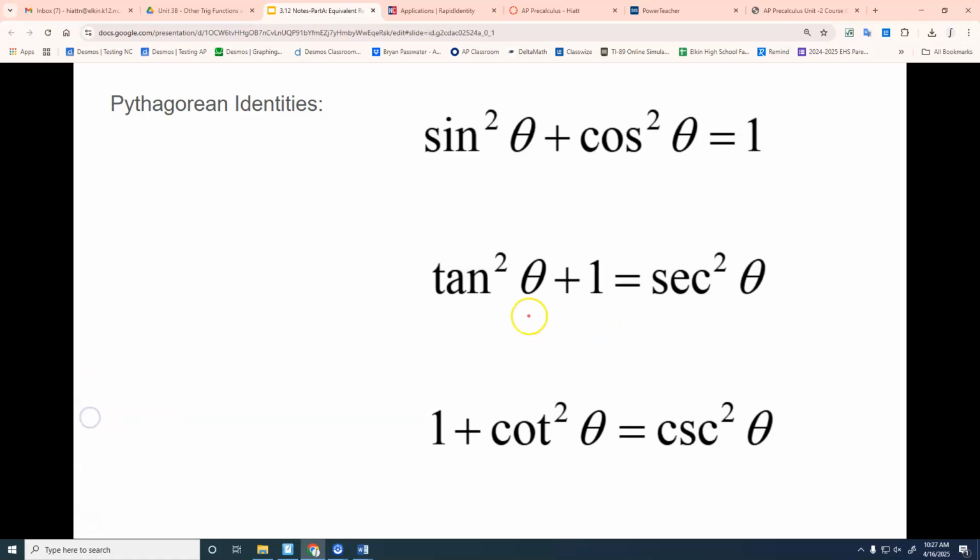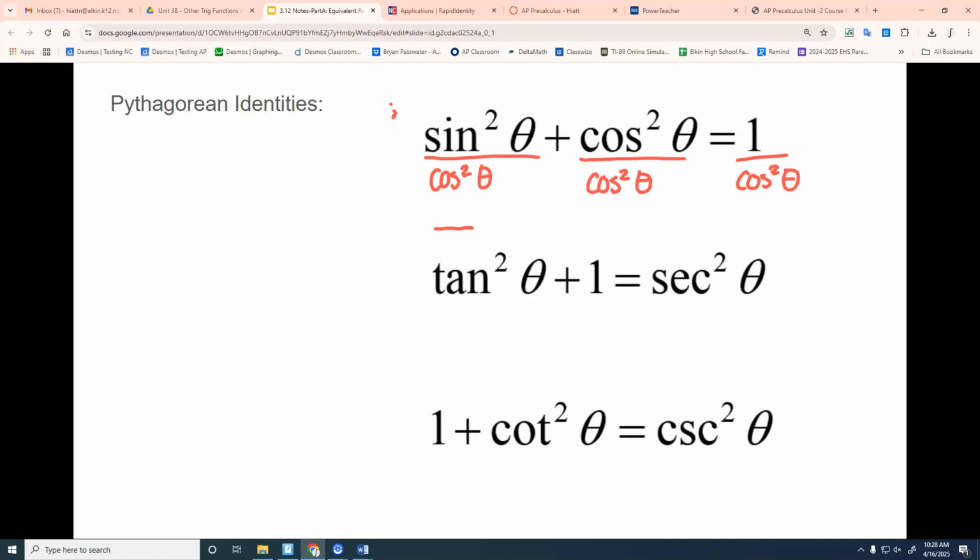identities. So if I have sine squared theta plus cosine squared theta equals 1, that one you definitely have to have memorized. If I divide this whole thing by cosine squared theta, right here. Also, it is important for you to know the square.